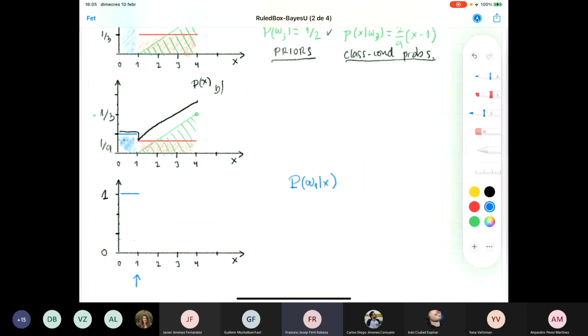And the value of the black line is also 1/9. So the value will start here. It's okay?